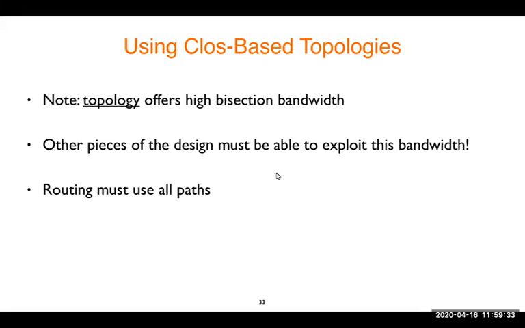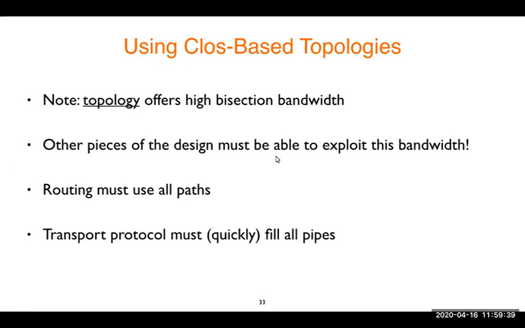If we're not using all the paths, it's not very useful to us that the topology was fantastic. Likewise, our transport protocol and our congestion control protocol have to be able to send traffic to fill those pipes. Otherwise, if I gave you 100 gigabit per second capacity, but you're sending at 1 gig, then not very useful. So all parts of the design above that topology have to be able to exploit it in order to actually achieve this high bisection bandwidth.